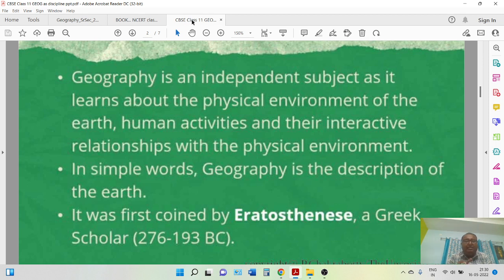Mountain, plateau, plains, climate, river, natural vegetation, etc. Human activity means what? Different activities. We have primary activity, secondary activity, tertiary activity. A lot of activities are there. So the interaction between humans and the physical environment, and our relationship with the physical environment, geography deals with this subject matter.